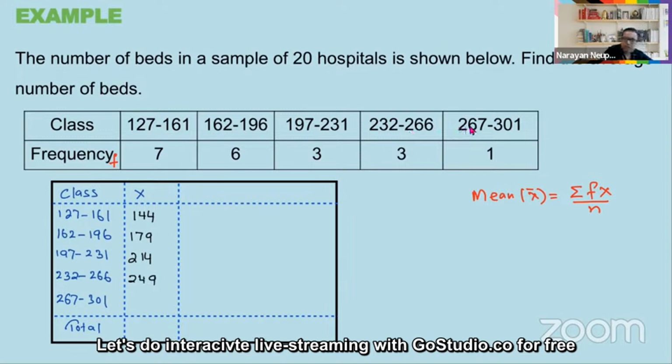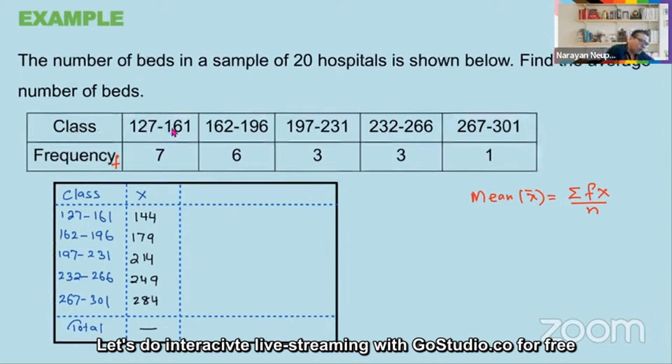And then 267 plus 301 divided by 2 will be 284. So those are the x values. If the data is given with the class like this, x will not be given to you. x is the midpoint of the class. You add the lower limit and upper limit, and divide the sum by 2.